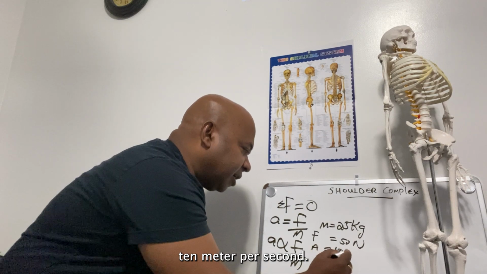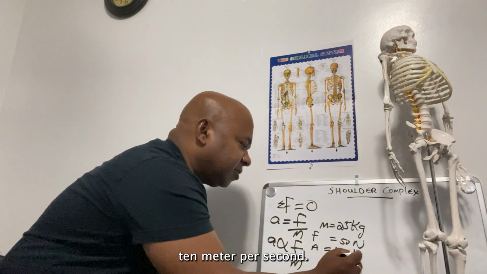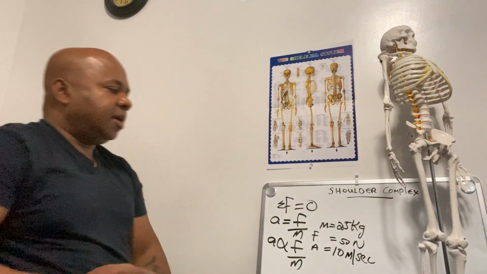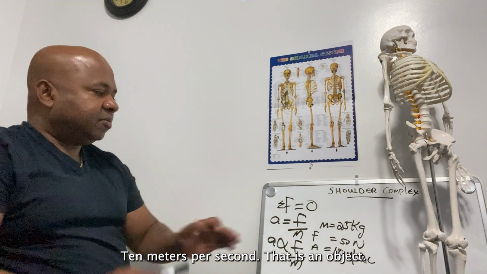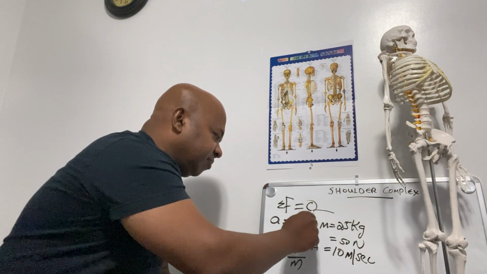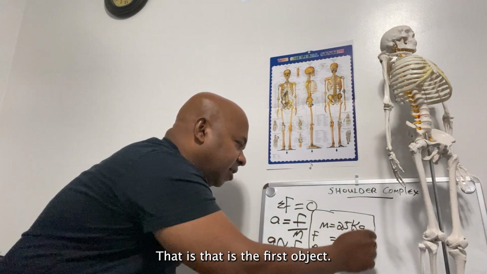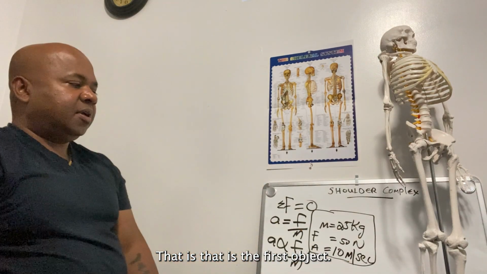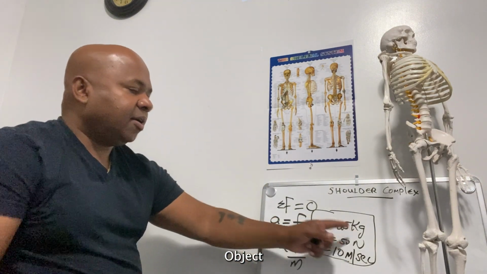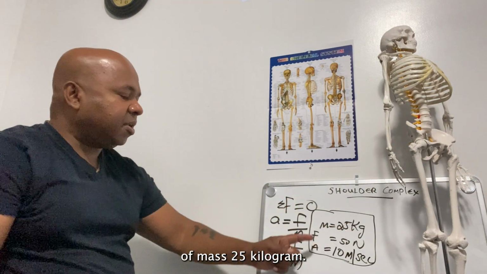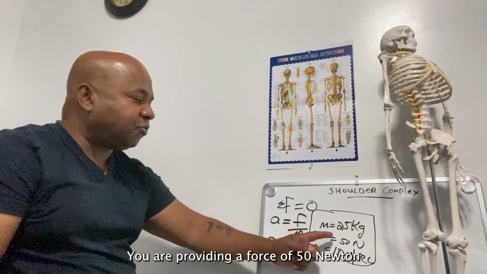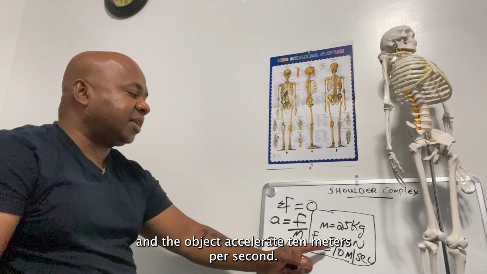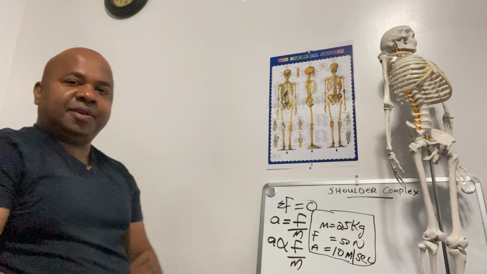10 meter per second squared. That is the first object, of mass 25 kilogram. You are providing a force of 50 Newton and the object accelerates at 10 meter per second squared.